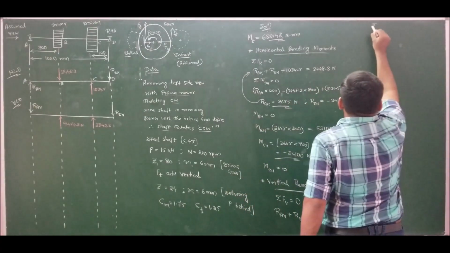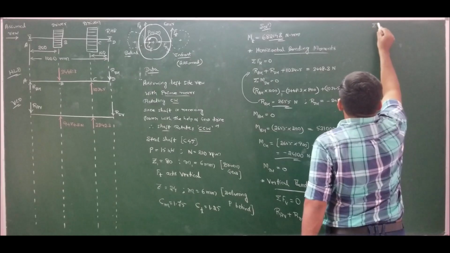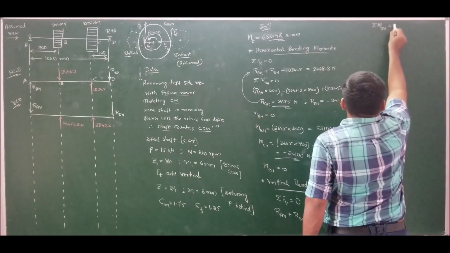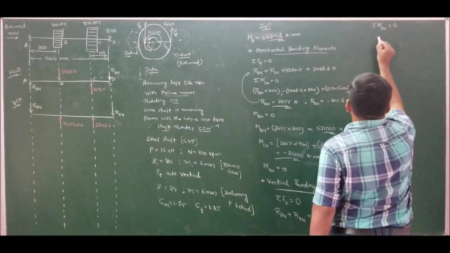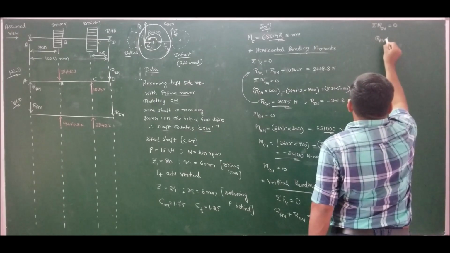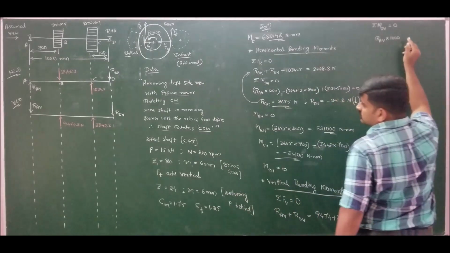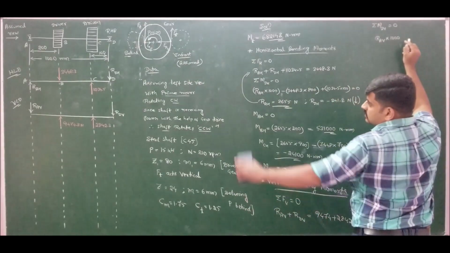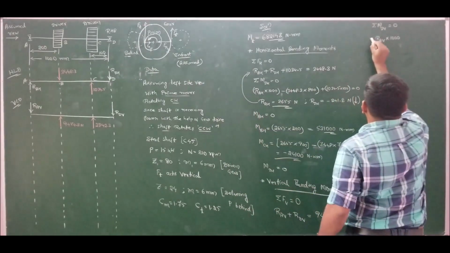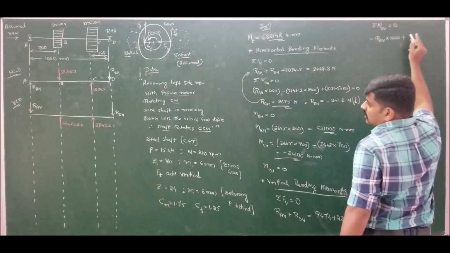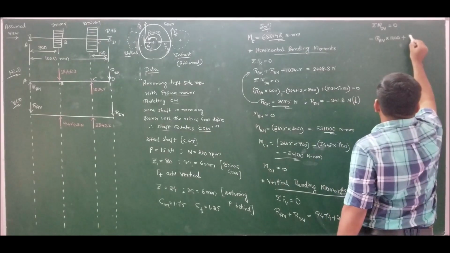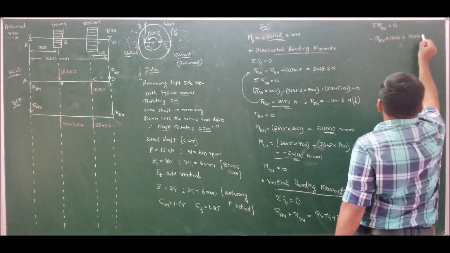Taking moment about right support, that is moment about D vertical, I will get RA vertical into 1000 as counterclockwise moment, minus clockwise is 9474 into 800.